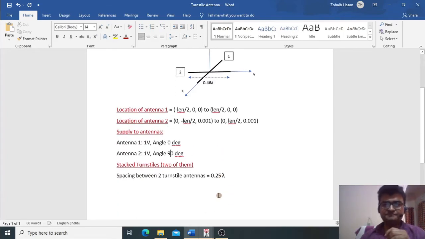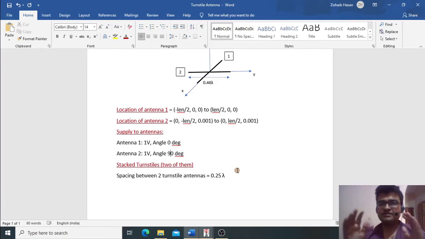After we design a single turnstile antenna, we'll also make a copy of it, because a stacked turnstile antenna works in a better way. When we design a turnstile antenna, you'll see that it gives an almost spherical radiation pattern, but the gain is not good.